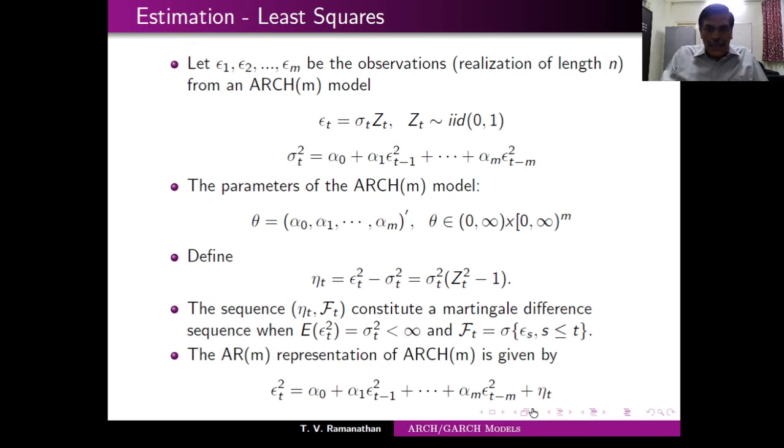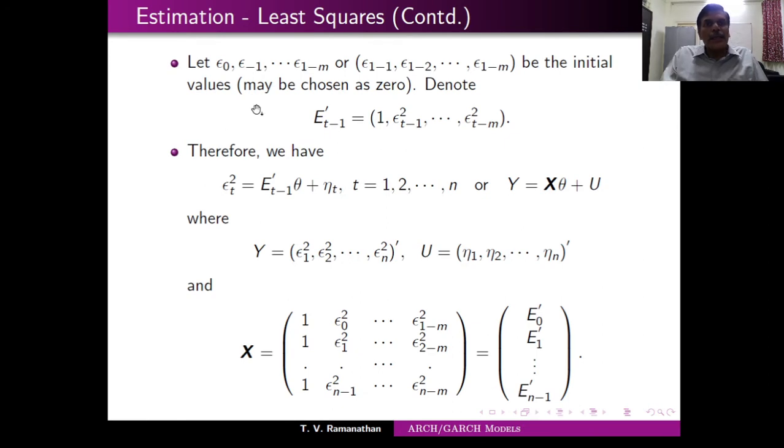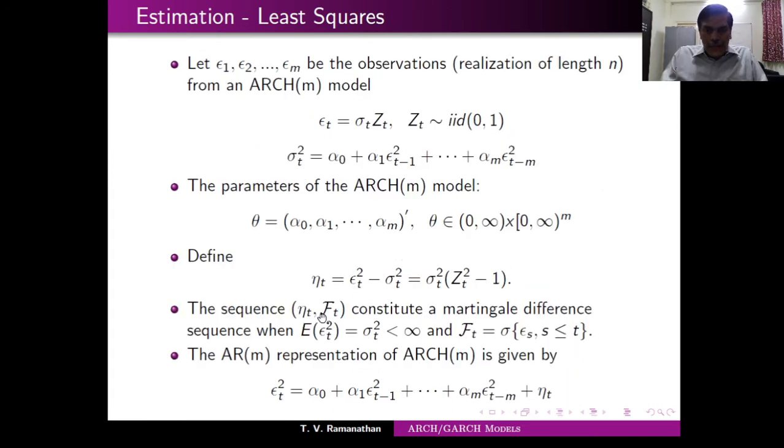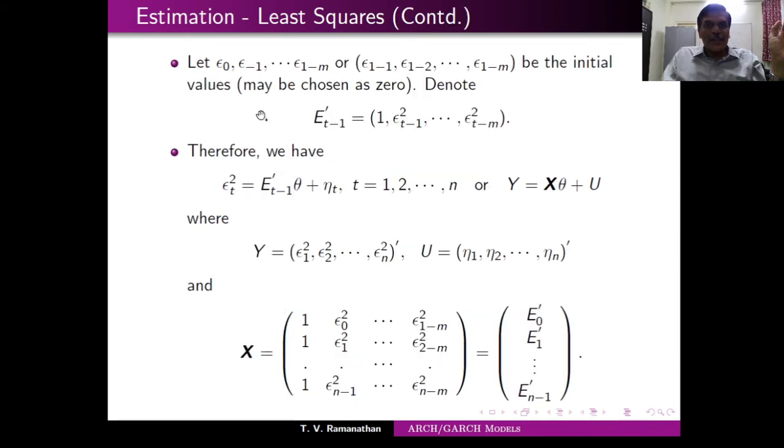And now you apply the corresponding least square. What you may require is that at the time point t, t equal to 1 to n. If you are starting at 1, you have 1 minus m past values, since the current error depends on the past m errors. So you have 0, minus 1, minus 2, etc., 1 minus m. So these are called initial values.